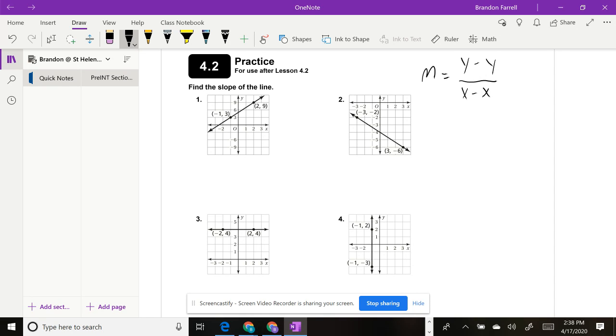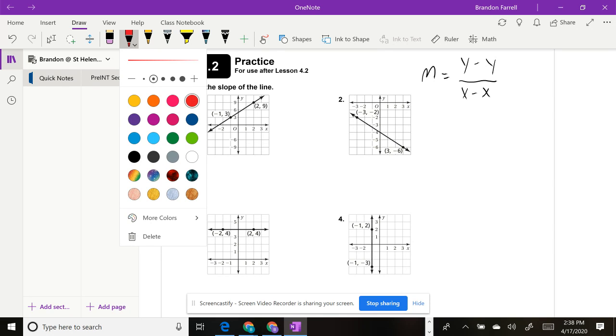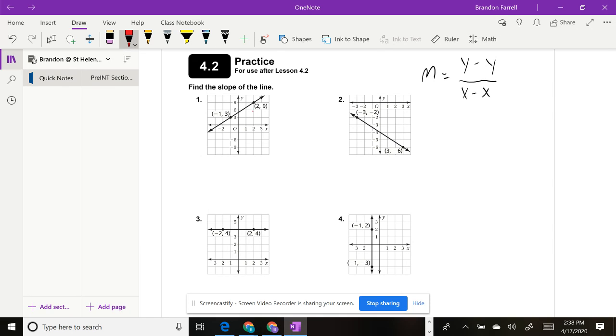What I like to do is take specific points and line them up on top of each other. For instance, if I use number 1, the points are 2, 9 and negative 1, 3.